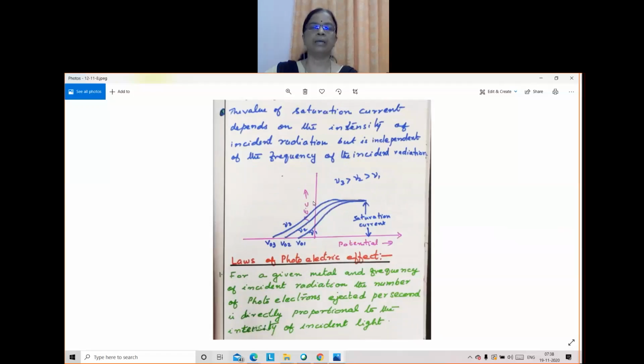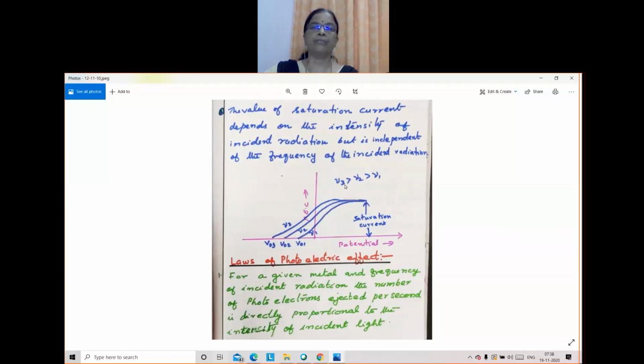കണ്ടാ ഇവിടെ ഫ്രീക്വൻസി ഇൻക്രീസ് ചെയ്ത് ν3 ആണ് ഏറ്റവും കൂടുതൽ ഫ്രീക്വൻസി ഉള്ള റേഡിയേഷൻ ഇൻസിഡന്റ് ചെയ്തത്. ν1. അപ്പൊ ν3ക്ക് ഉണ്ടാവും മോർ റിവേഴ്സ് പൊട്ടൻഷ്യൽ. ഇത് ലെഫ്റ്റ് സൈഡ് റിവേഴ്സ് പൊട്ടൻഷ്യൽസ് ആണ്. V01 stopping potential for this radiation of frequency ν1.